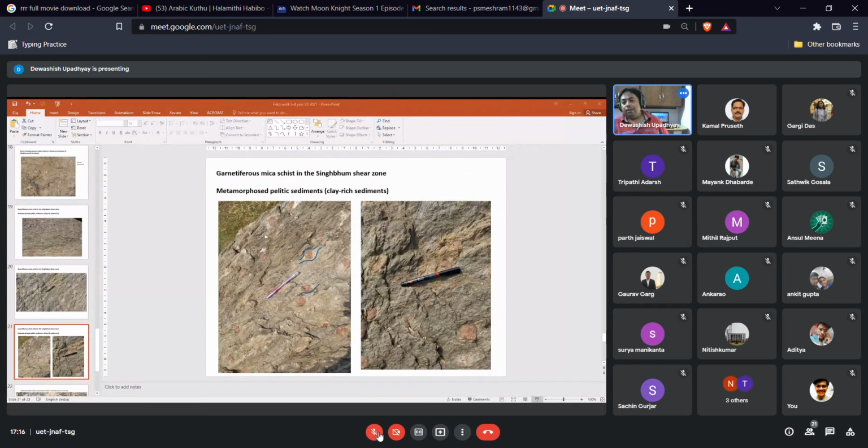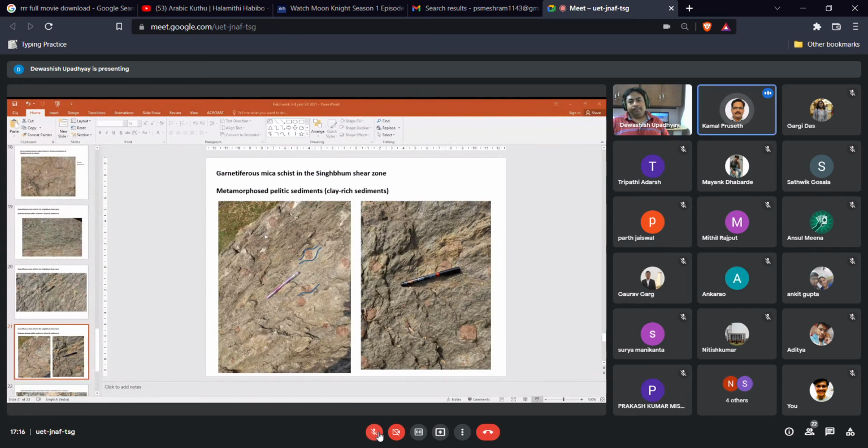Therefore, when the deformation happens during which the schistosity forms, the schistosity just bends around it, and the garnets also may rotate. So such porphyroblasts, around which the schistosity wraps, are called pre-tectonic porphyroblasts because they formed before the tectonism or the deformation that produced the schistosity.